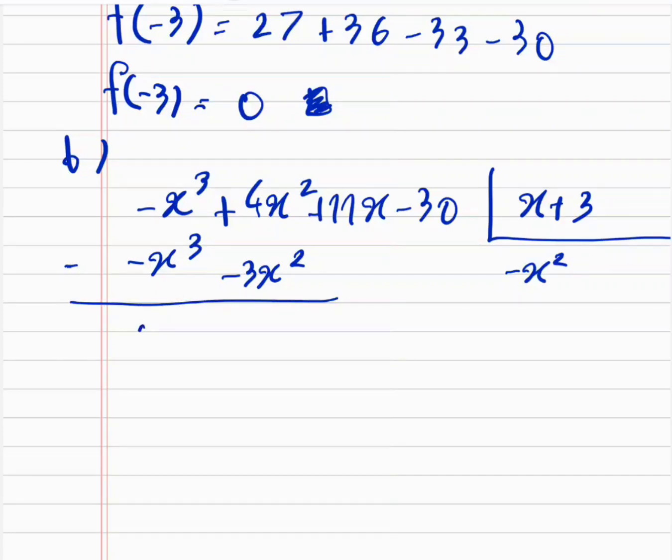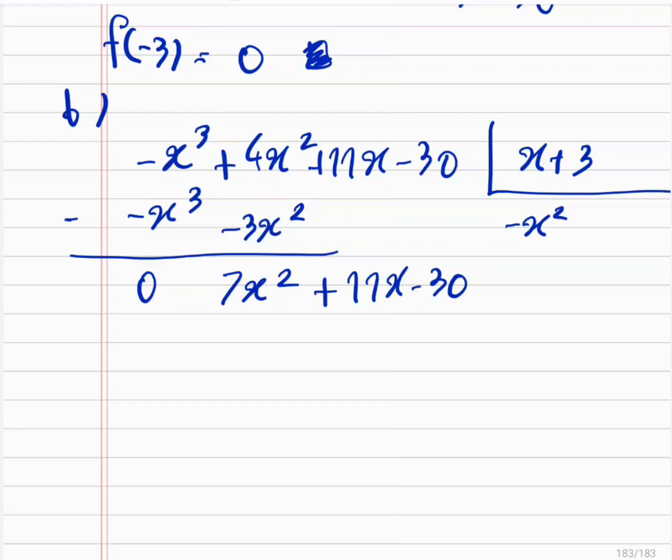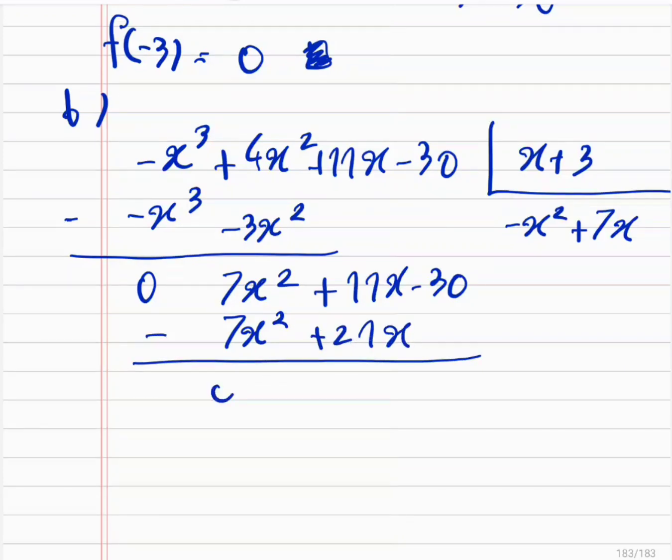So we get 0 here, and then 4x squared plus 3x squared is 7x squared. And then we write down the rest of the terms. Now we want to get 7x squared, so just simply 7x. So we have 7x squared plus 21x. Again, we subtract, so we get 0.